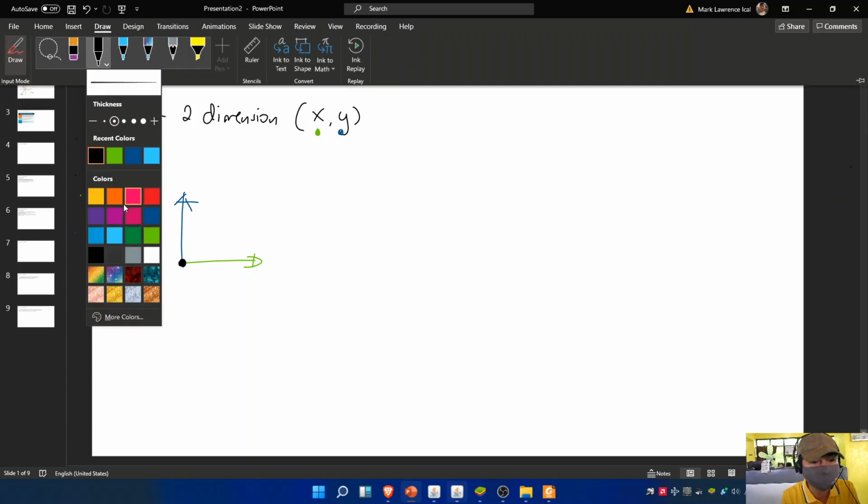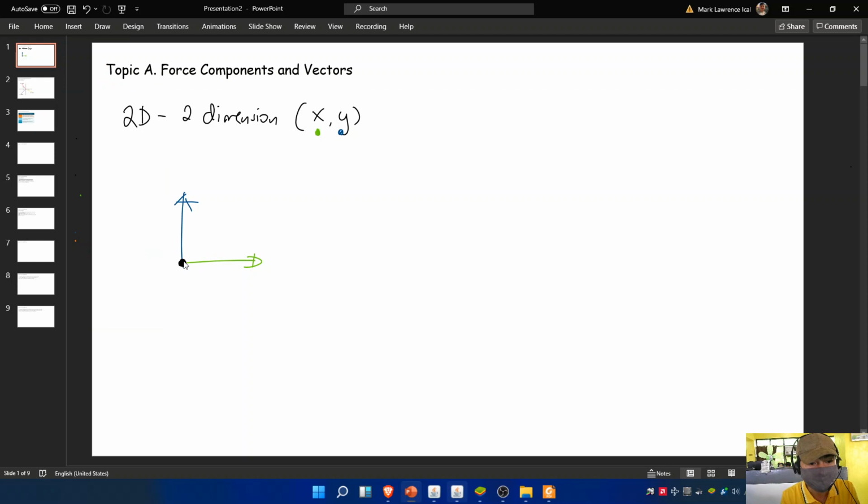Let's say the movement of that body is colored orange. The direction of the movement of this particular object depends on the x and y forces.